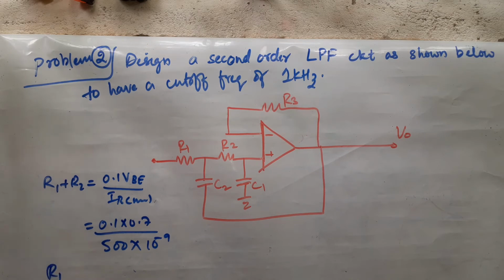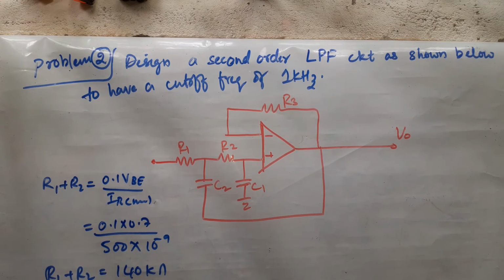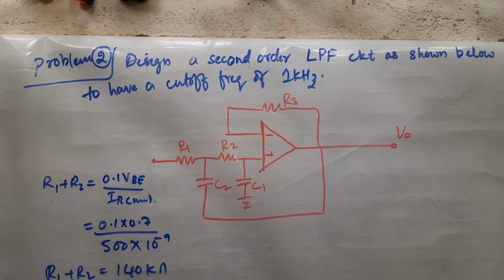So this will give you R1 plus R2 equal to 140 kilo ohms. If this total is becoming 140, what is R1? R1 equal to R2 equal to 140 kilo by 2, that is 70 kilo ohms. Both will equally share the total resistance, right?